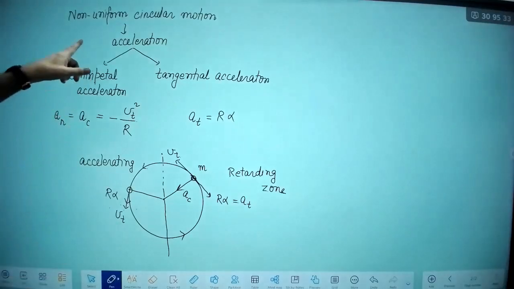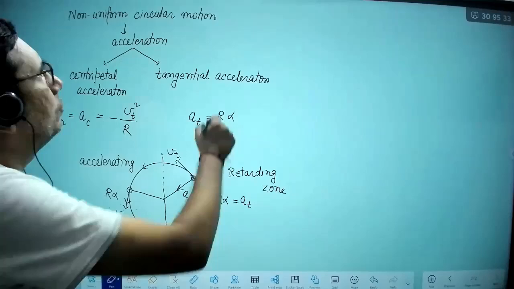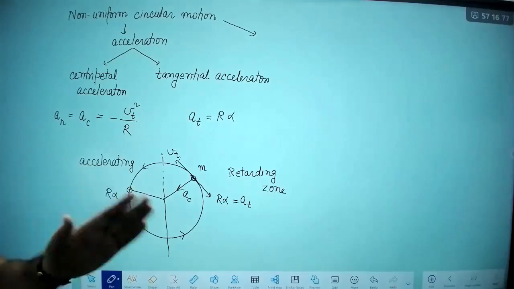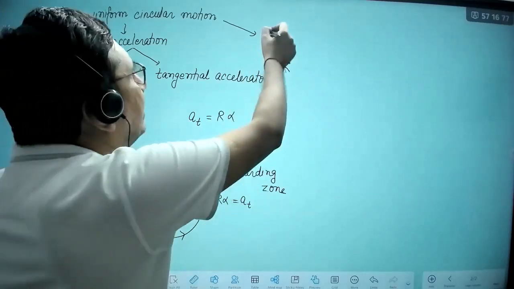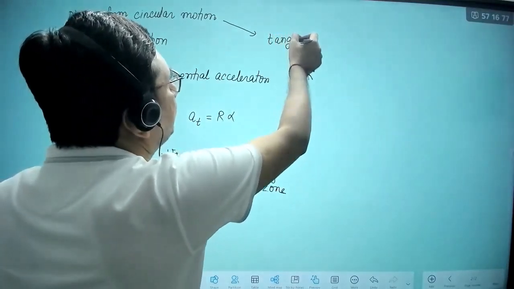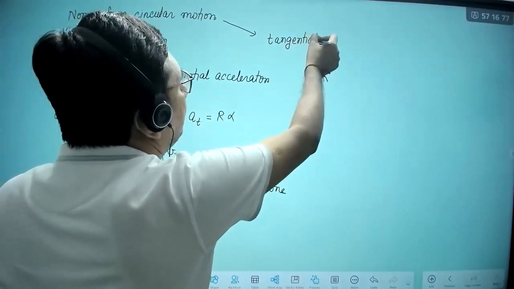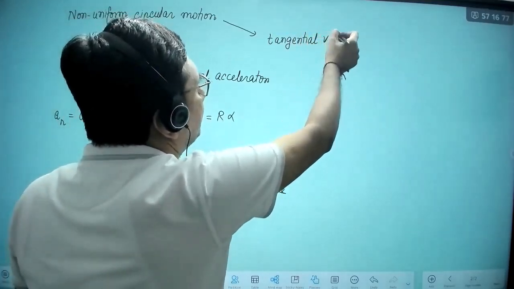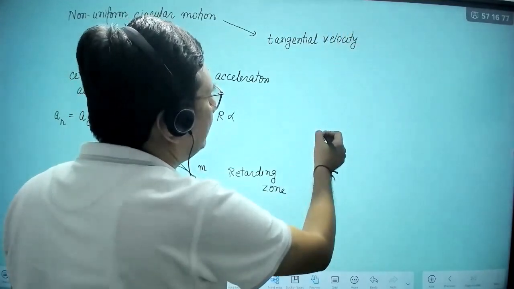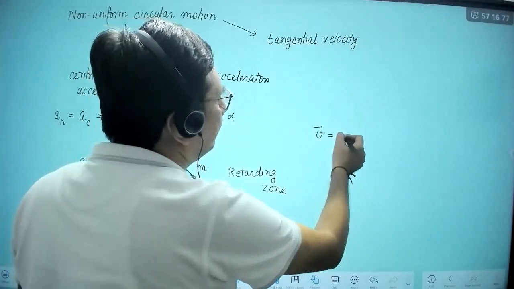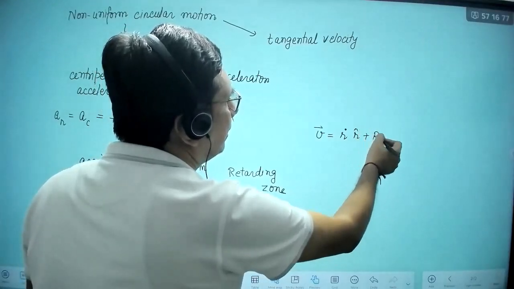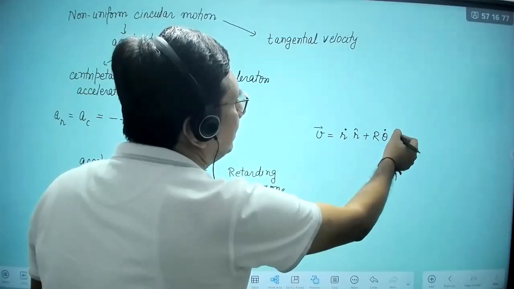So for the non-uniform circular motion, two types of acceleration will be there, and one type of velocity will be there, only tangential velocity. Why tangential velocity? Because V in polar coordinates is r dot r cap plus r theta dot theta cap.